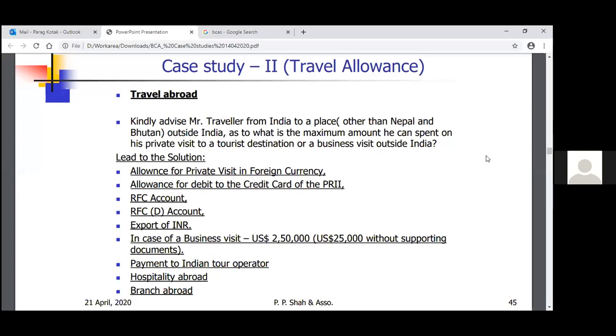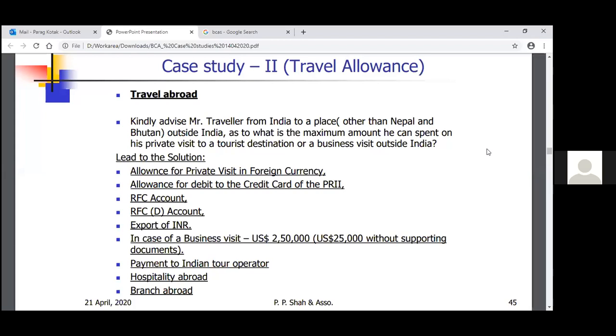One is allowance for private visit in foreign currency within the limit of 250,000. Then allowance for debit to the credit card of the person resident in India. See, up to the credit card limit, you're allowed irrespective of the Liberalized Remittance Scheme.